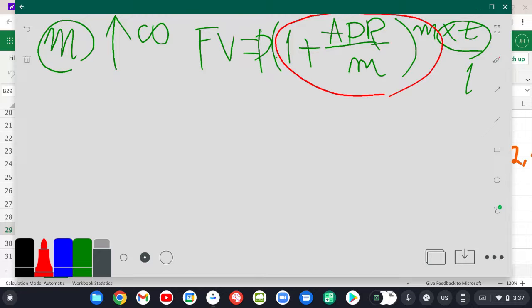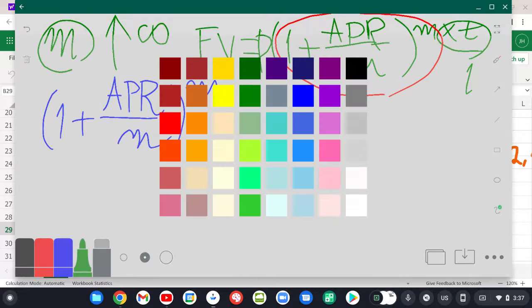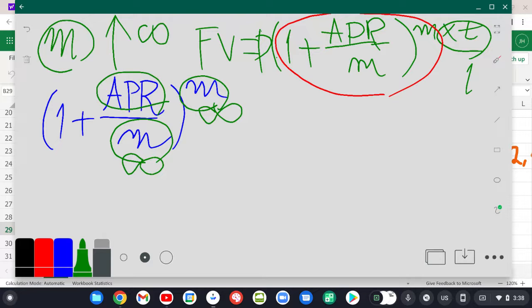I'll take that out, erase that, and then let's think about M going to infinity. If M goes to infinity, let's say this is infinity, and this will be infinity. And assume APR is 100%.